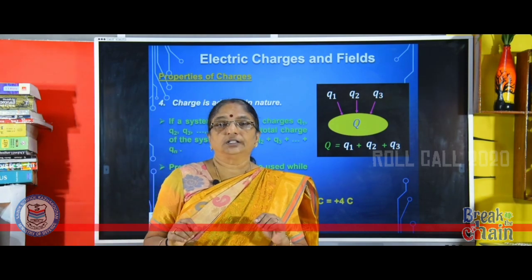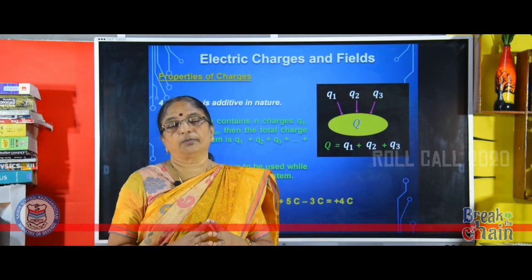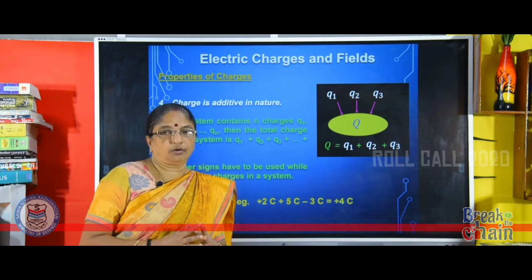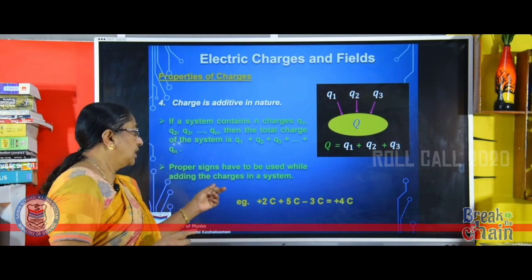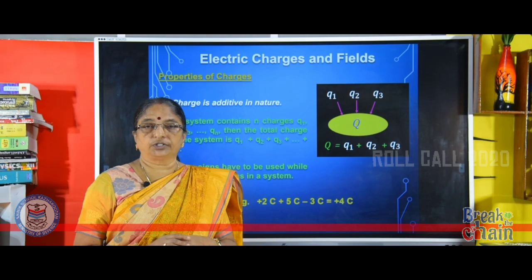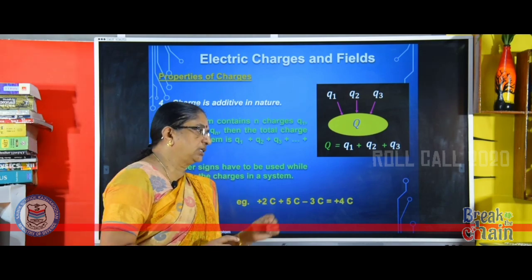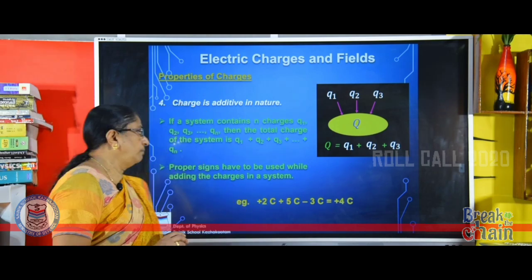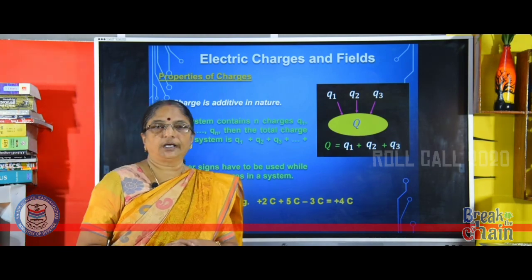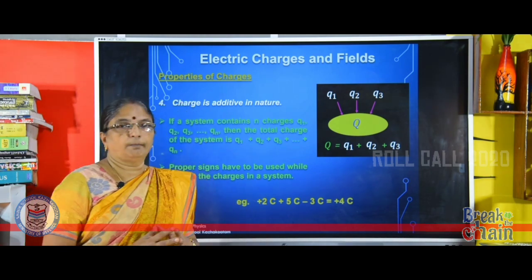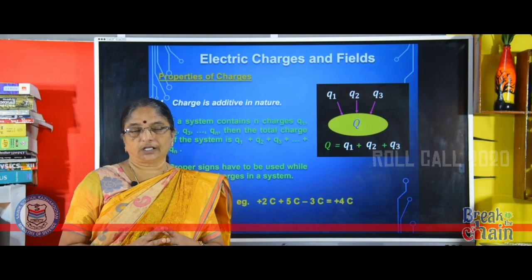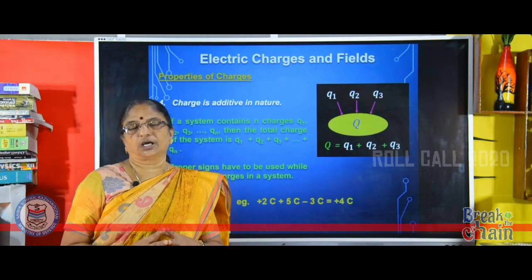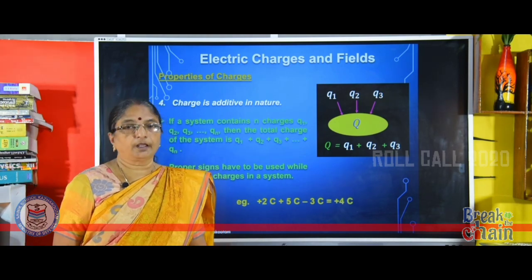That is, the total charge on a body is the algebraic sum of individual charges, but you have to consider the sign of the charge also. As seen at the last, plus 2 coulomb, plus 5 coulomb, minus 3 coulomb makes a total of plus 4 coulomb. That is the fourth property of charge, which is that charge is additive in nature.